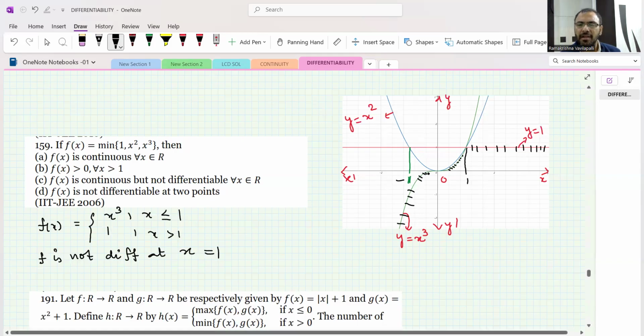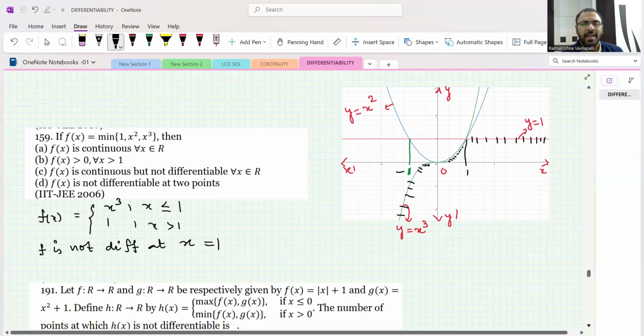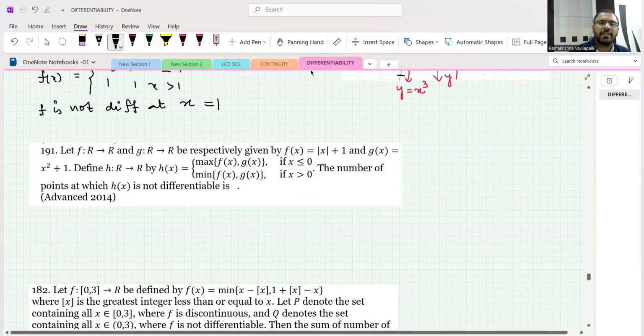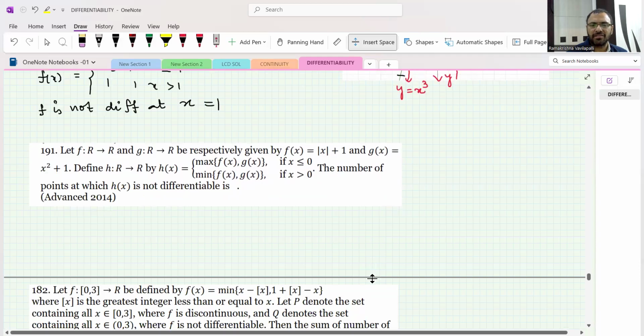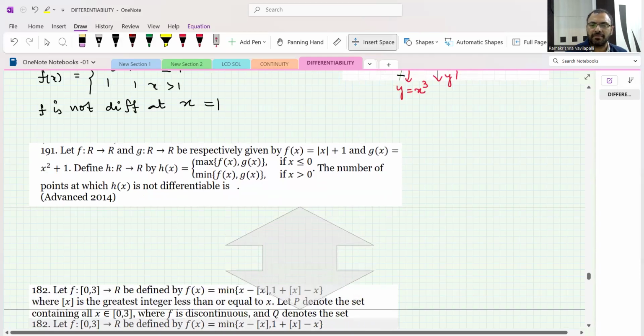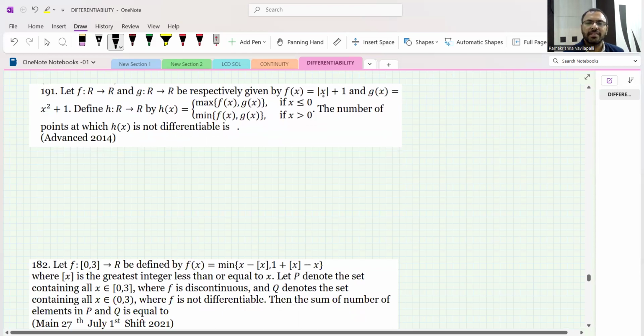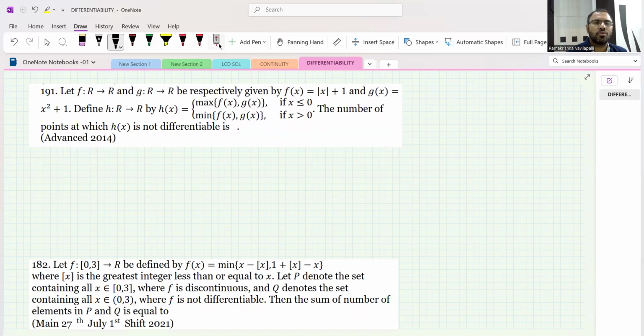Well, I'm going to explain one more question of JEE Advanced. Even though it is JEE Advanced, it is not at all difficult. It is a very simple question. Here f of x equal to mod x plus 1, and g of x equal to x square plus 1. One is a modulus function, another is a parabola.